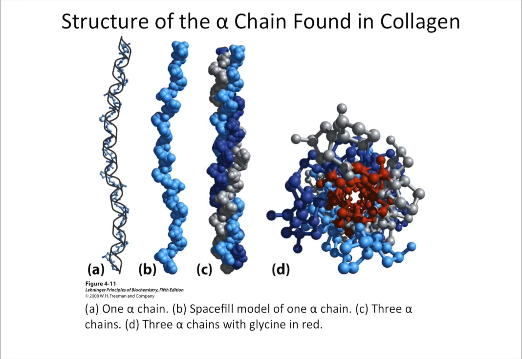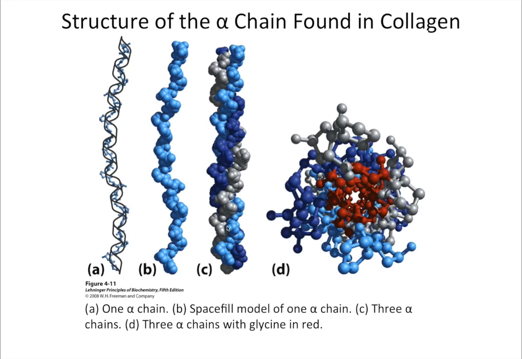What happens with that is that this is showing you just one alpha chain here, and then this ribbon structure is giving you an idea of the arrangement along the backbone of the chain. And then in B, we have a space-filled model, or Van der Waals model, of one alpha chain. And then in C here, we actually have 3 alpha chains shown.